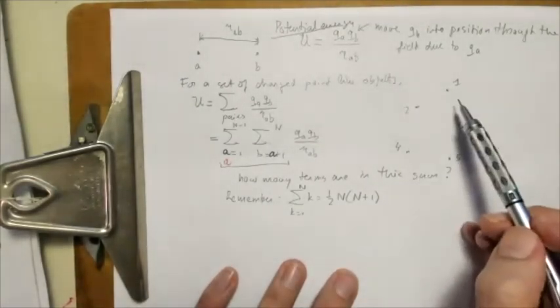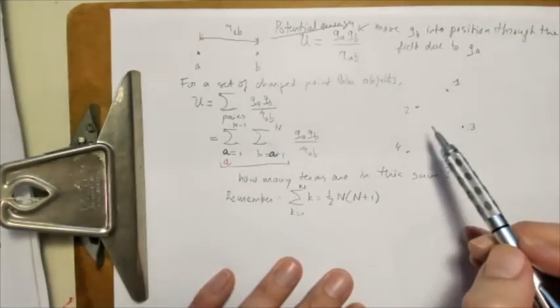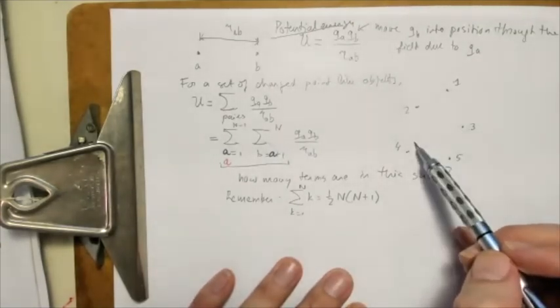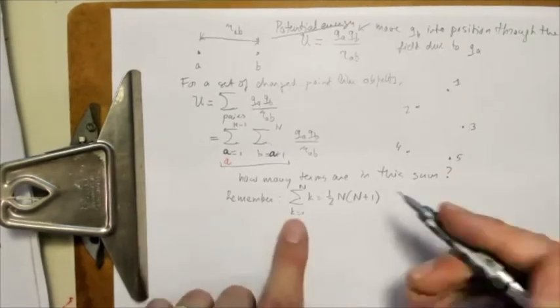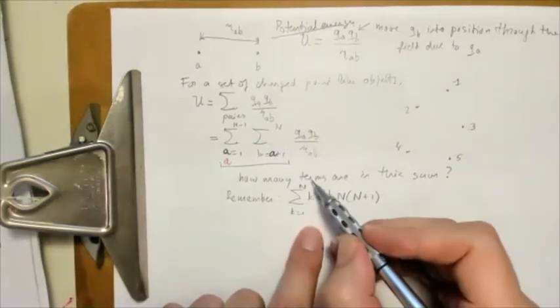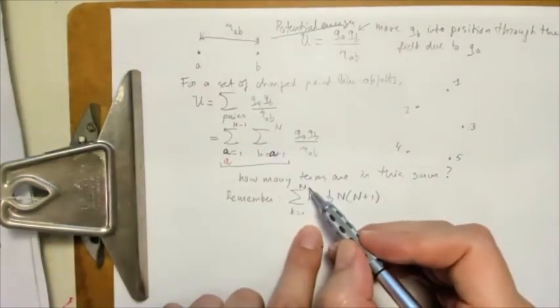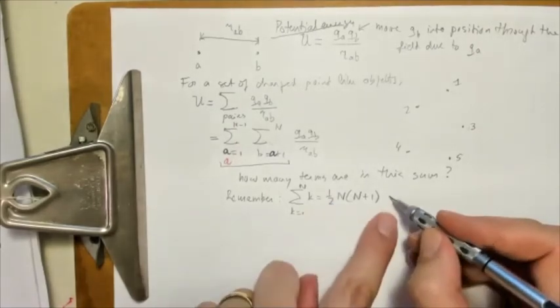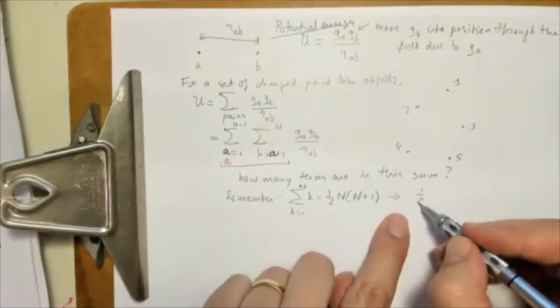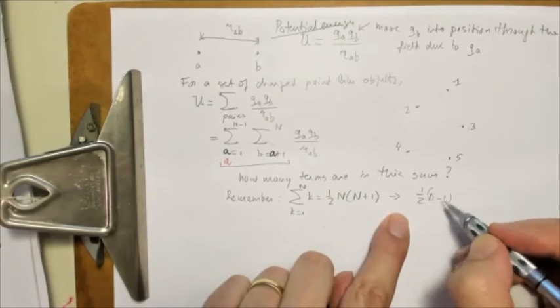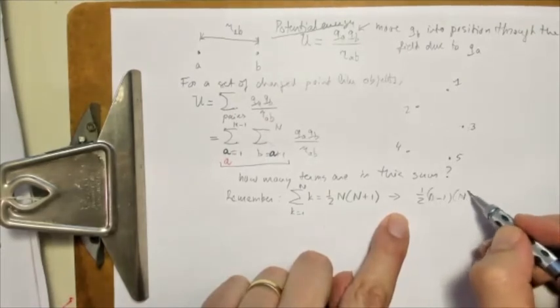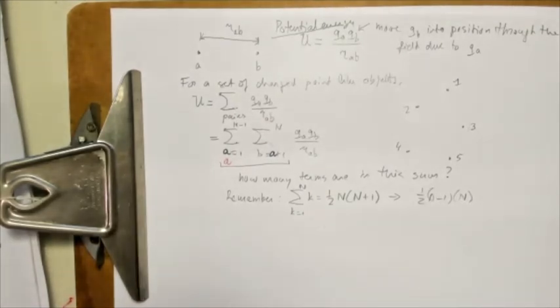For 4 charged objects, you have to do a sum of 3 plus 2 plus 1. Okay, so it's like this, except you don't go up to n, but you go up to n minus 1. So it's 1/2 n minus 1, and then times n. There you go.